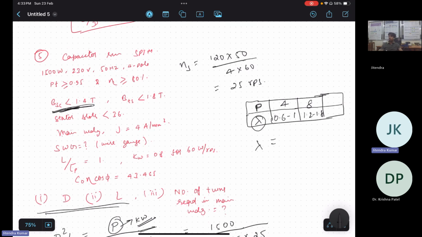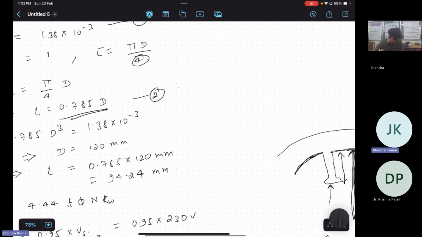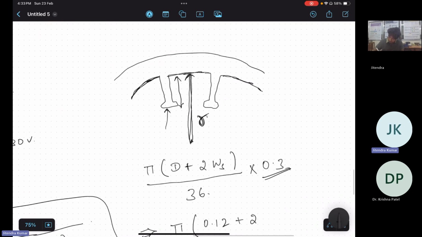The value of lambda, do you know? It will be the ratio between this width and this length, divided by this length in terms of other multiplications, L by D. Just give me a minute. What is that L by D?